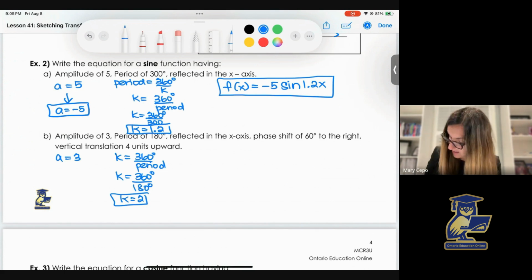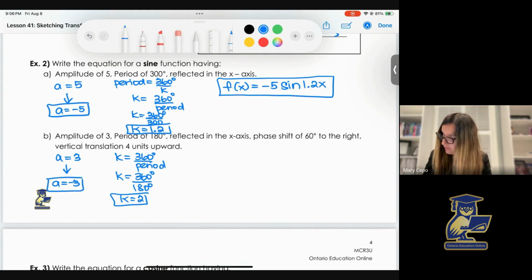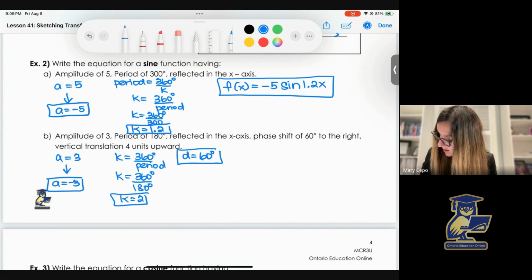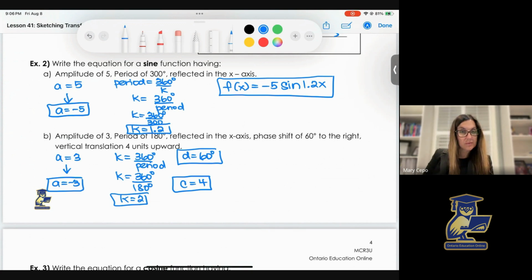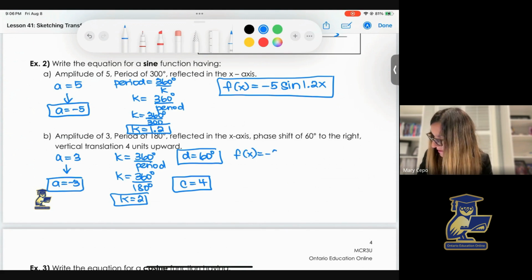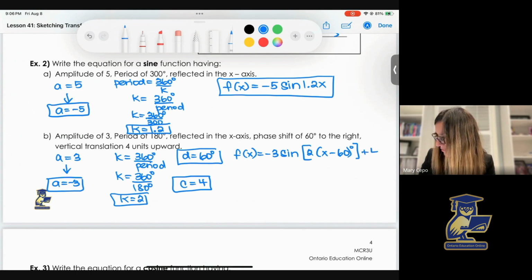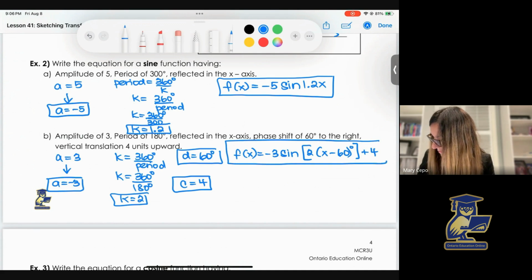It's reflected into the x-axis, so a is now -3. Phase shift to the right, 60 degrees, so that's going to be d is equal to 60, and you're going up 4, so c is equal to 4. Okay, we're using the sine function, so we're going to say f at x is equal to -3 sine of our k value, which is 2, x minus 60 degrees, all up 4.